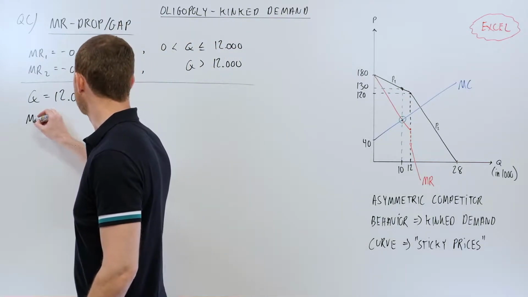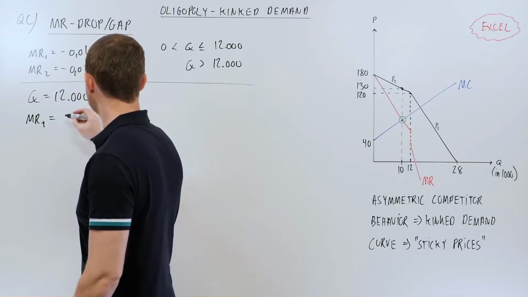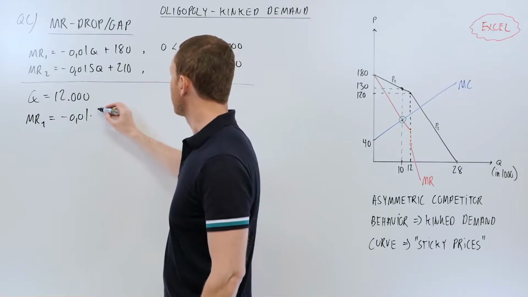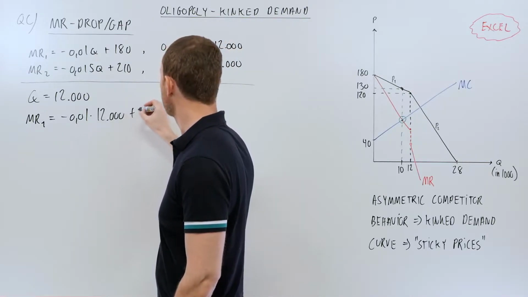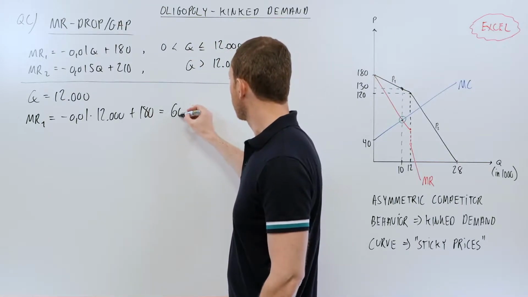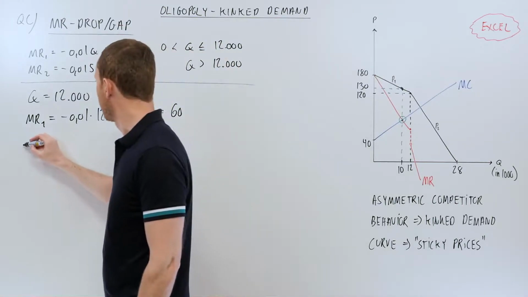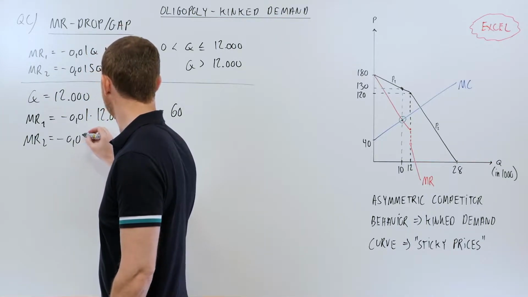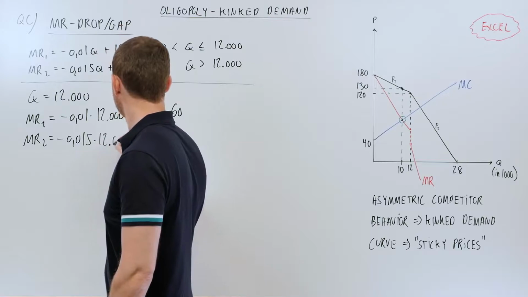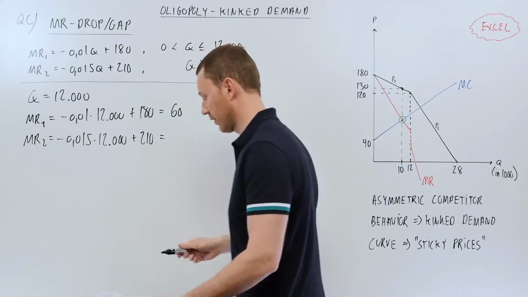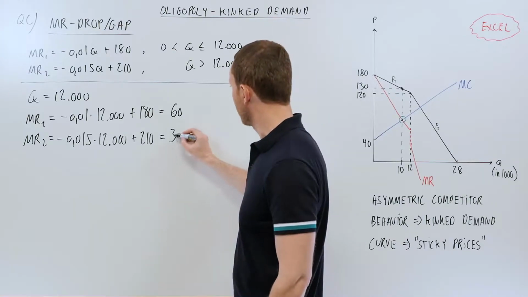So MR1 would be equal to minus 0.01 times 12,000 plus 180, giving us 60. MR2 is minus 0.015 times 12,000 plus 210, giving us 30.